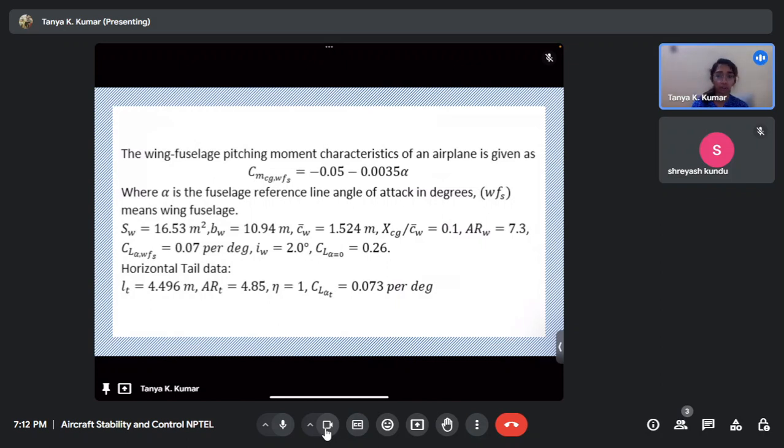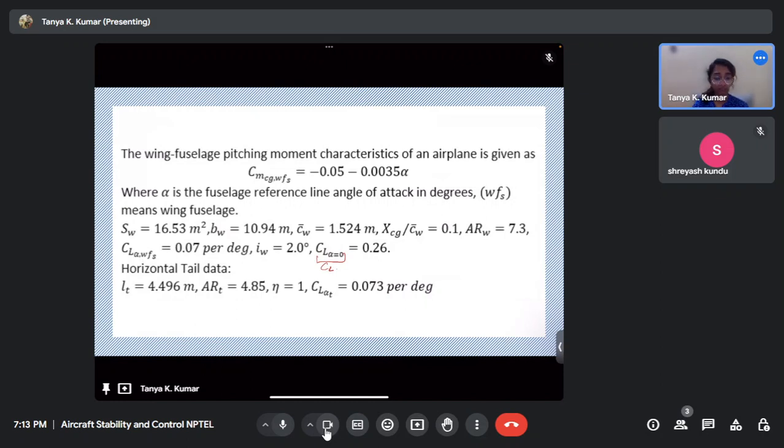S_W is 16.53 square meters, the span and the mean aerodynamic chord of the wing are given, x bar cg is given, the aspect ratio of the wing, then CL alpha of the wing fuselage combination per degree, the wing setting angle, and CL at alpha equal to 0, that is nothing but CL naught. Then you have the horizontal tail data: the moment arm, the aspect ratio, the tail efficiency factor, and CL alpha of the tail per degree.